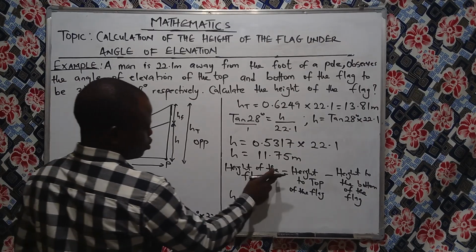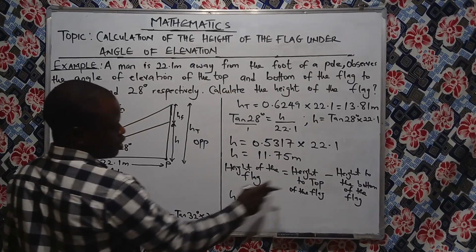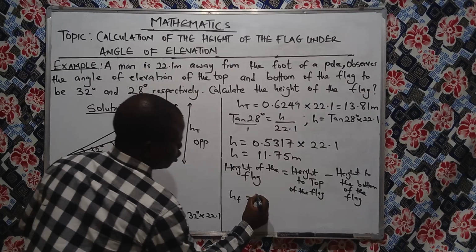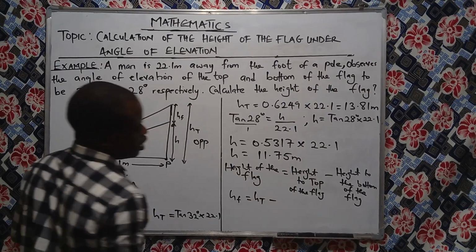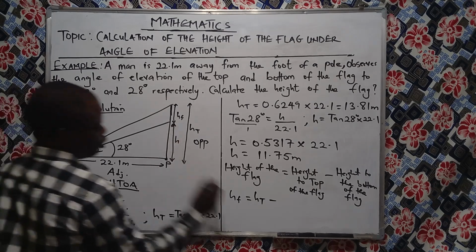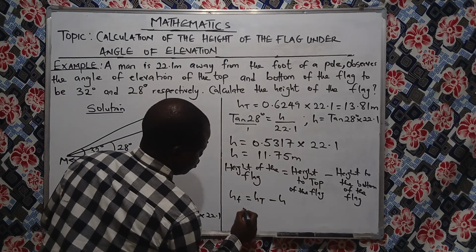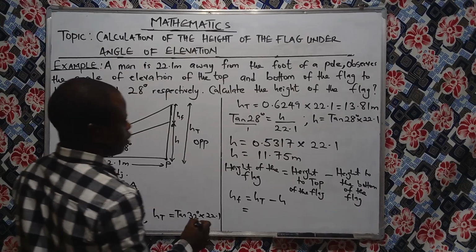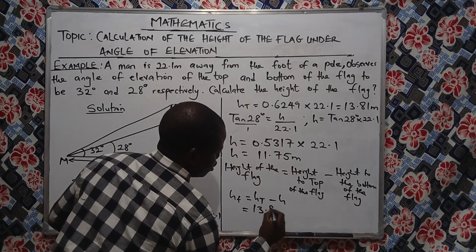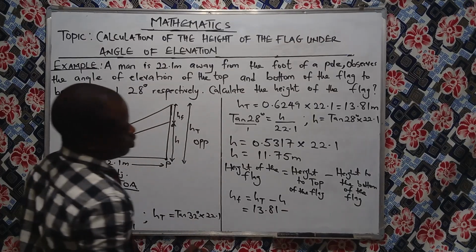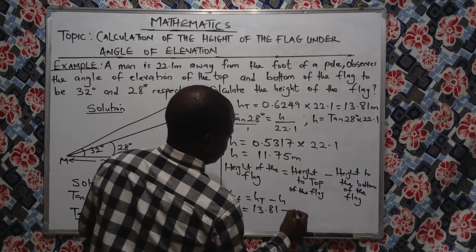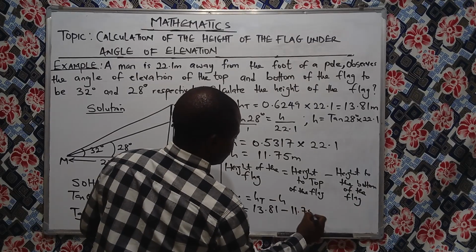We use HF to represent the height of the flag. HF equals HT, height to top of the flag, minus H, height to the bottom of the flag. Our HT is 13.81 minus our H, 11.75.